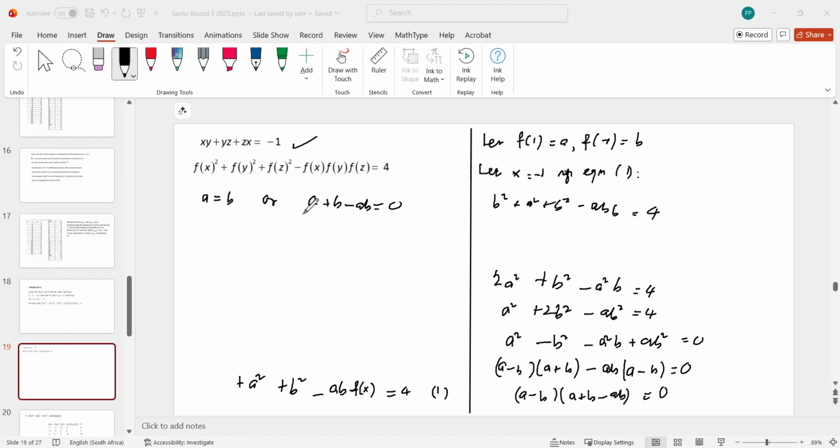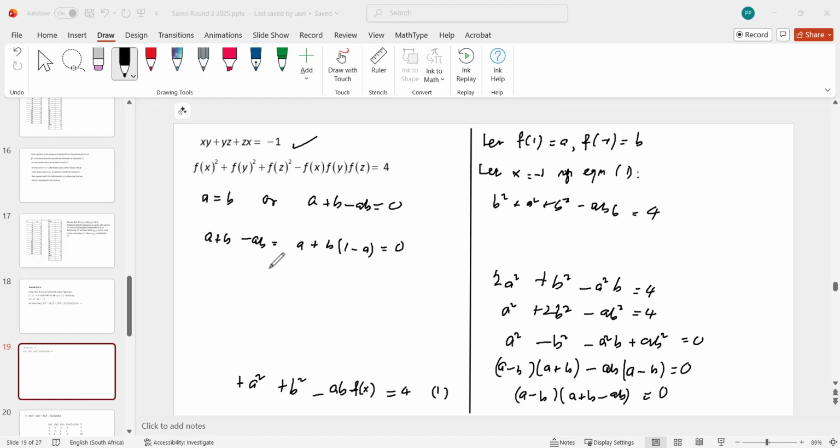Okay, so now if a is equal to b, I suggest that even here you have that a is equal to b, because this is very interesting. With this kind of thing, there's always a very neat little trick that you can use. You see, a plus b minus ab is equal to a plus b into 1 minus a equals 0.